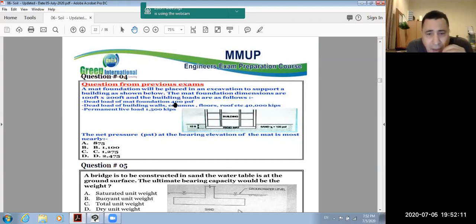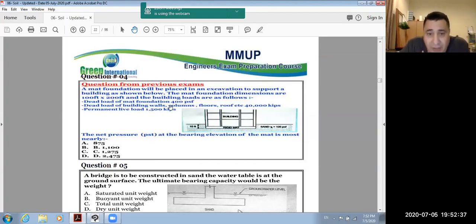And the building loads. So we have loads acting on this raft foundation. Even the raft foundation itself acts on the soil. Loads are as follows. A dead load of the mat foundation is equal to what? It is equal to 400 psf, pounds per square foot.